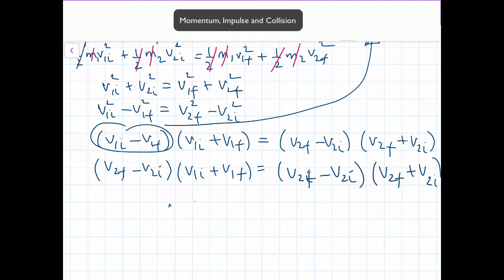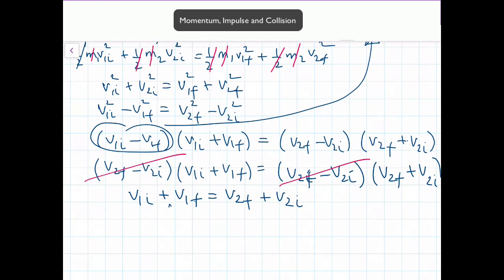But you have v2 final minus v2 initial here, so you can erase this by this. You can divide both sides by the same expression, right? So as a result, here you'll have v1 initial plus v1 final equals v2 final plus v2 initial.